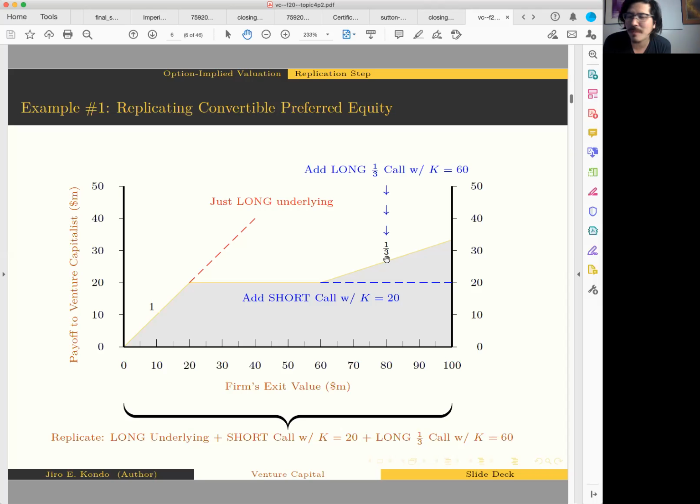And because all we care about is money in this version of the world, if it talks like a duck and it quacks like a duck and it smells like a duck, it's a duck, right? Same thing, if it's got the same payoff diagram, it's got the same value. You see what I'm saying? Two things that are different: one is the convertible preferred, the other one is the ingredient list of stuff.